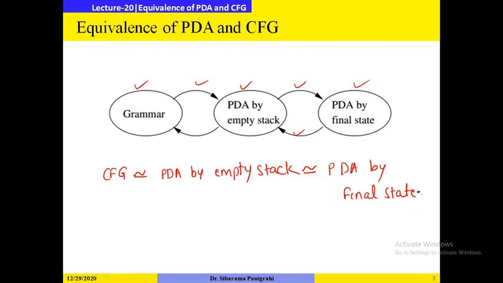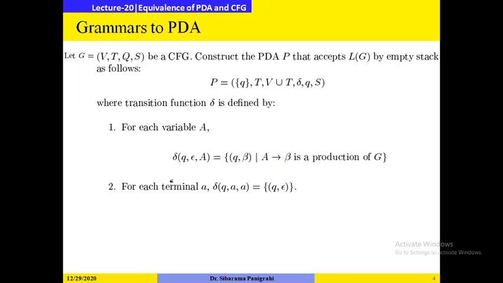So if these are equivalent, now we will learn how we can convert a context-free grammar to a PDA. Meaning if a grammar is given, how to find its equivalent PDA, and we will learn how to convert a PDA to an equivalent grammar. So in today's lecture, we will go through the procedure of converting a grammar to a push-down automaton.